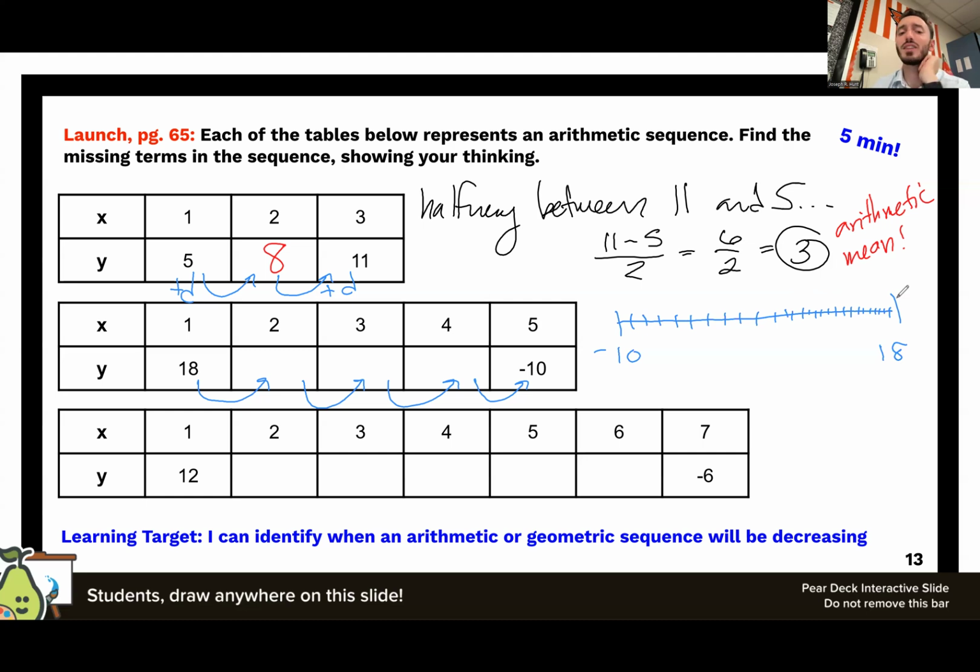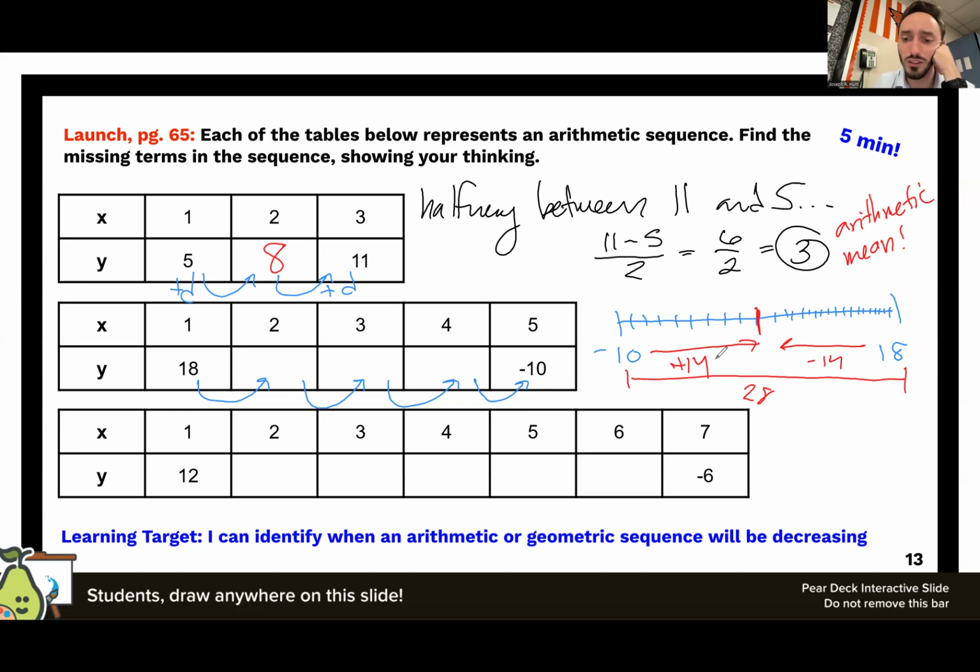And if I'm thinking about a halfway point between, say, 18 and negative 10, one thing that I could do is say, okay, this distance, when I do 18 minus negative 10, is 28 numbers. So the halfway point between those values is going to be 14 in from either side.